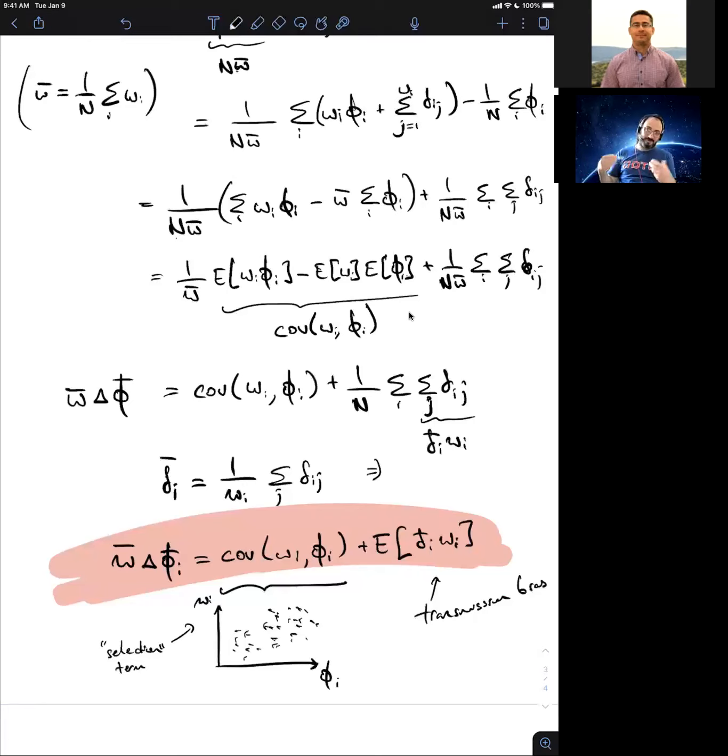And once you partition things, you can make informed commentary about, for example, whether the transmission bias term is more important in this population than the covariance term. And that might tell you something biological. Is that clear? That's the whole reason we do the Price equation.